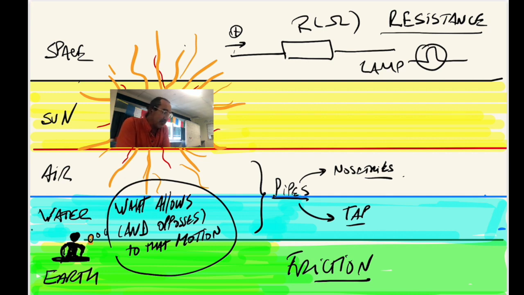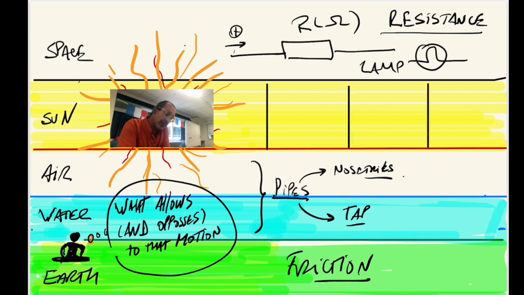And when we look at the sun, how the energy of the sun reaches the earth, we have to identify at least 3 different resistances to the flow of light coming from the sun, right? Or heat coming from the sun. So if it's going through, okay, let's go through space first.